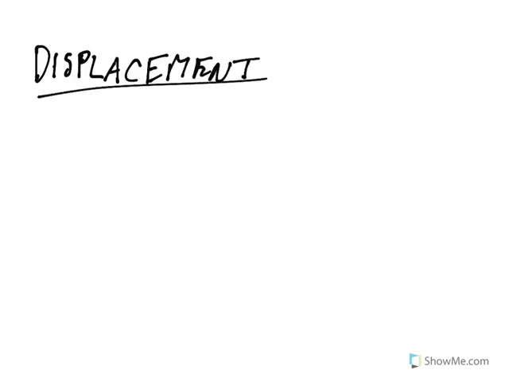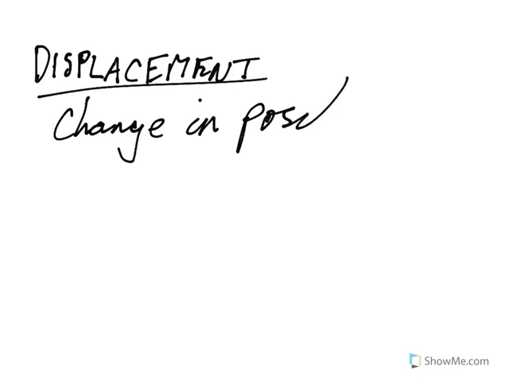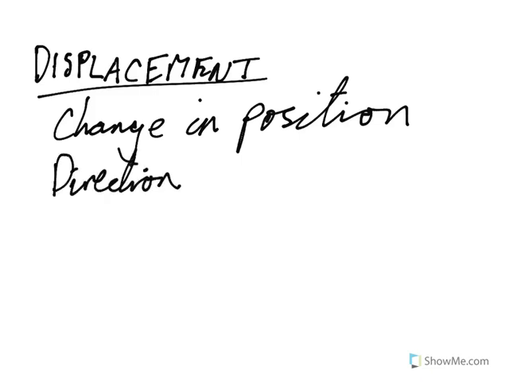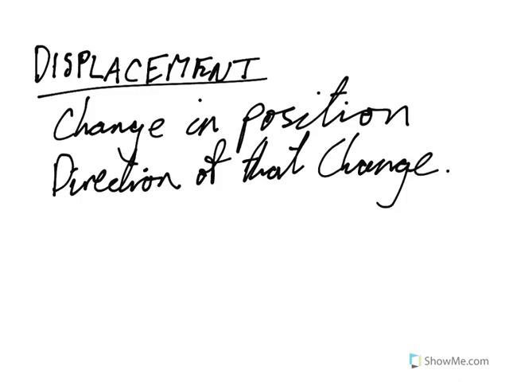Alright, so displacement of an object is the change in position and the direction of that change. Alright, so in your notes, the displacement of an object is the change in its position and the direction of that change.